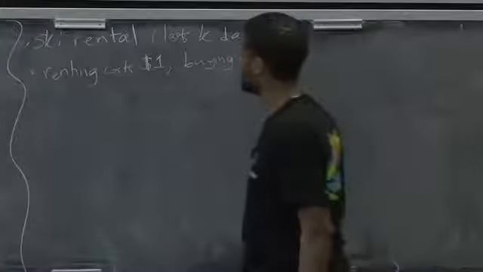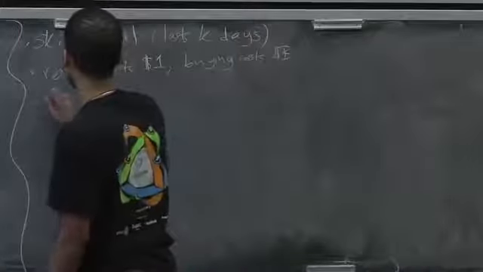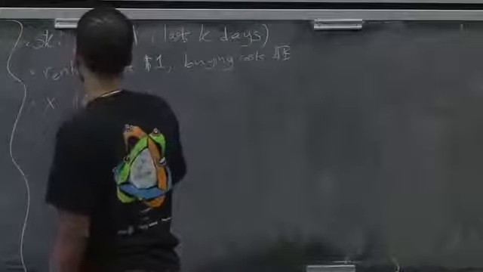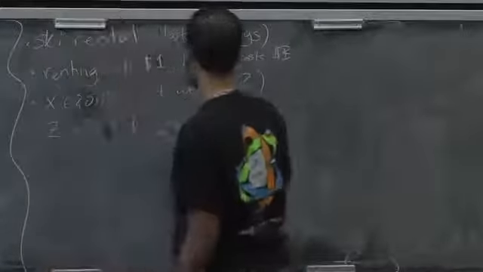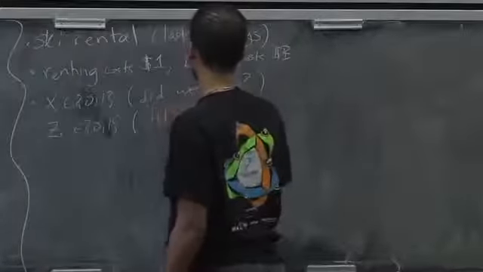So what do we want to do? x is going to be in {0, 1}, and it's going to tell us, did we buy the skis? And zi is going to be in {0, 1}: did we rent on day i?